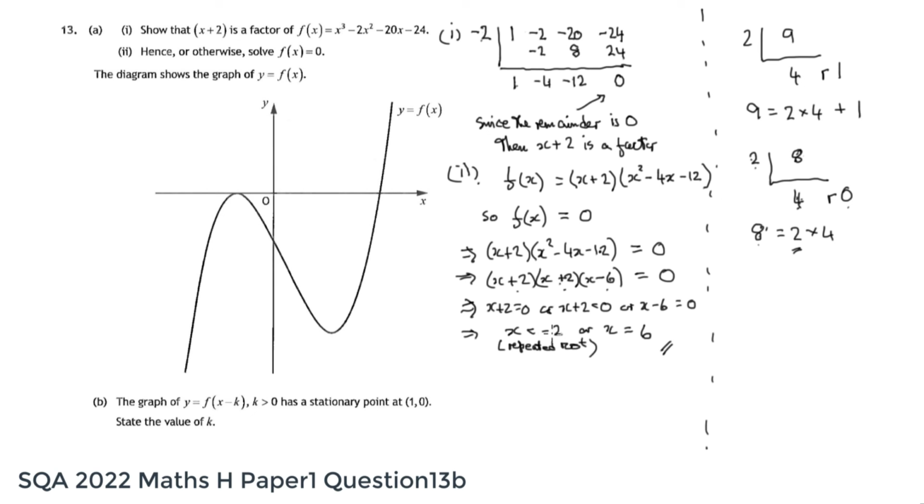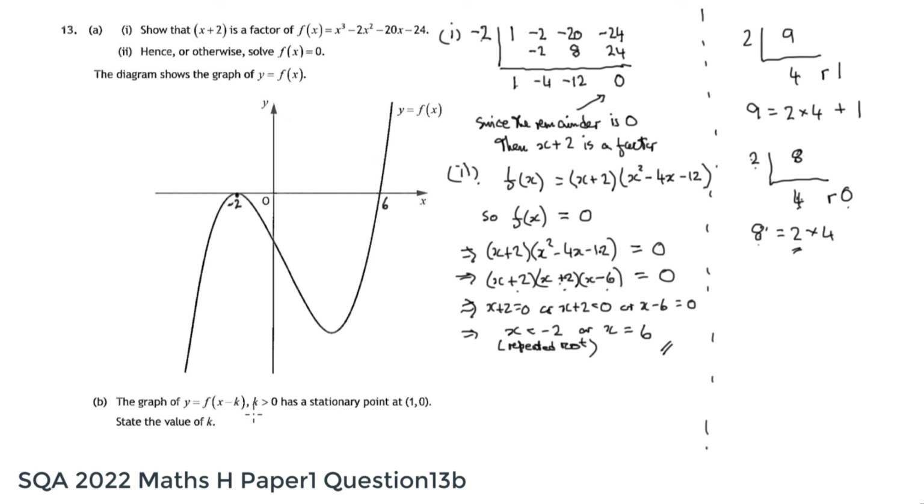So repeated root, remember I said it was where the graph would touch the x-axis. So we're talking about a negative 2 there, and that's our 6. So that's the typical cubic graph, and that's where it touches or crosses the x-axis. So we've identified the 2 roots in that.